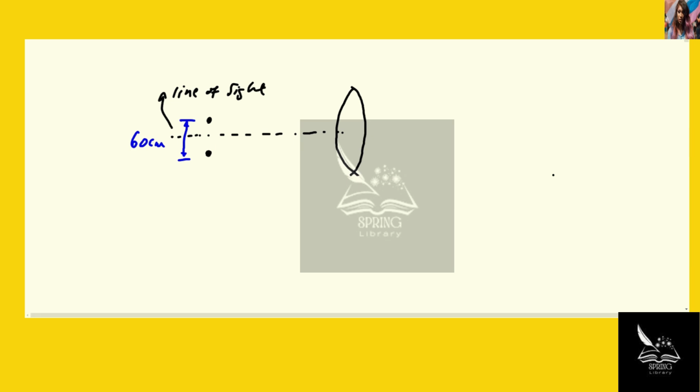And it so happens that the wavelength, if this is the line of sight, this one goes that way, and this one goes that way through the flowers. So this wavelength lambda is given to us as 550 nanometers.